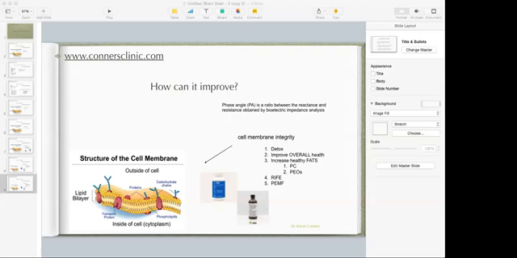Overall, when you look at your phase angle, you want it to stay the same or rise throughout your course of treatment. If it starts to drastically drop is where you start to get a little concerned. Okay, thank you.